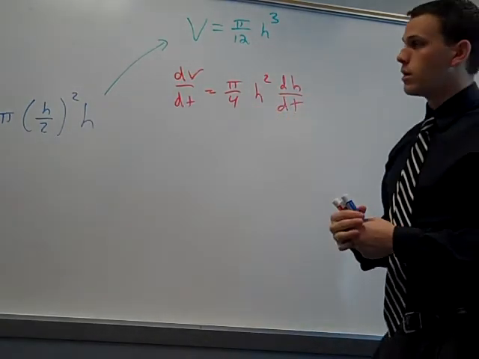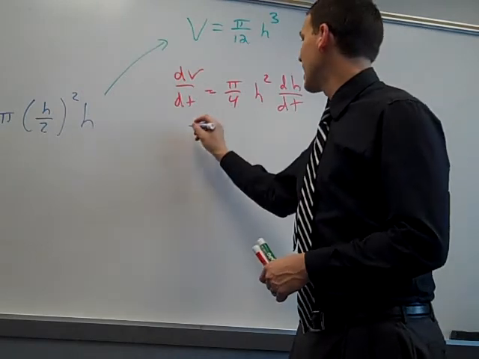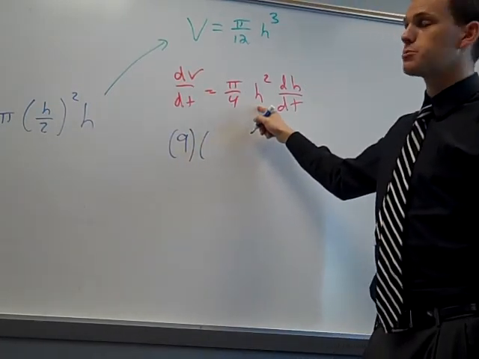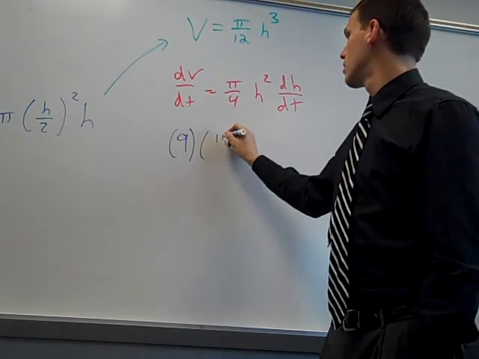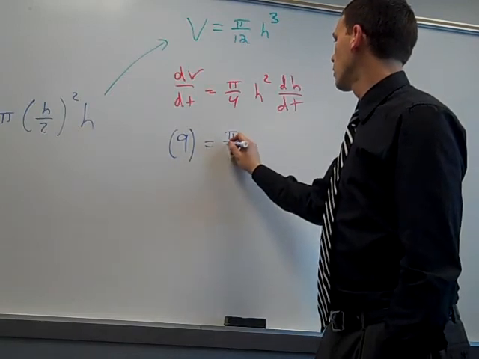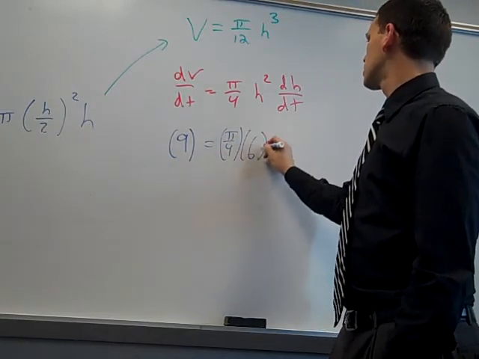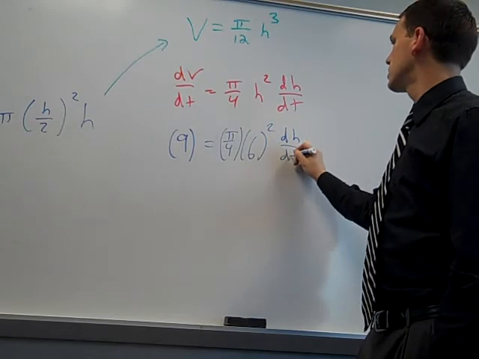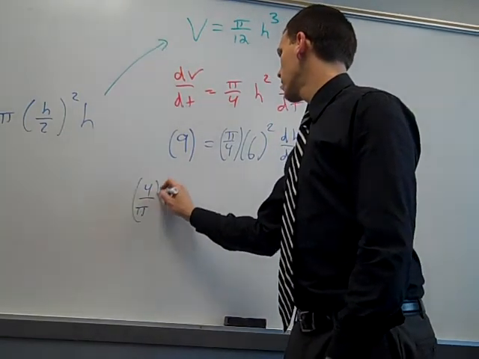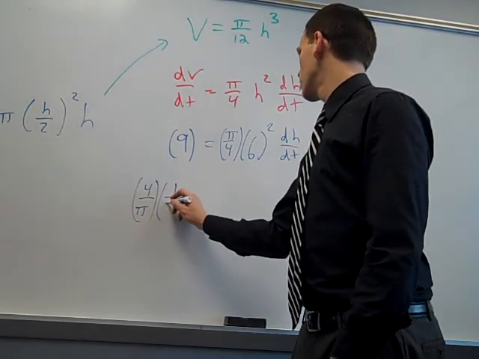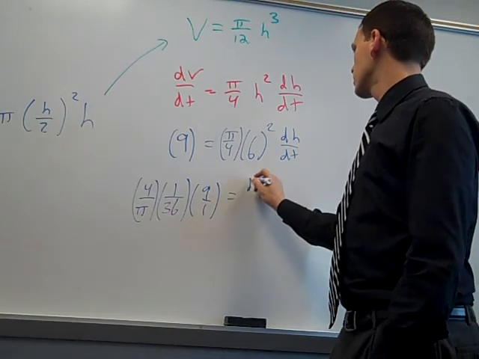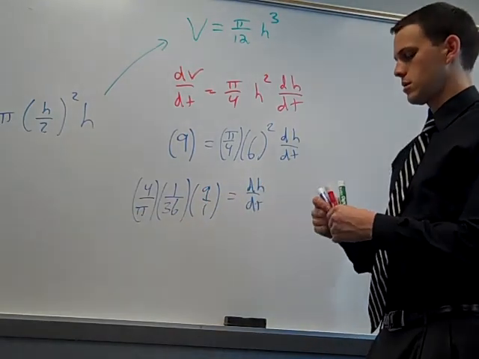Okay, so now what information do we have? We know that dV/dt is 9. We know that h is, at this particular moment, 6. So 9 equals pi over 4 times 6 squared dh/dt. So this becomes 4 over pi times 1 over 36 times 9 equals dh/dt.